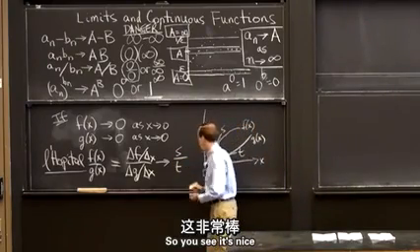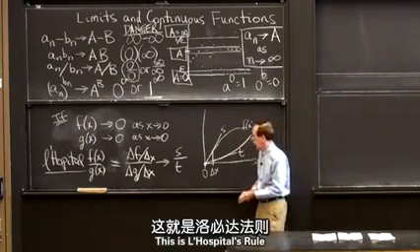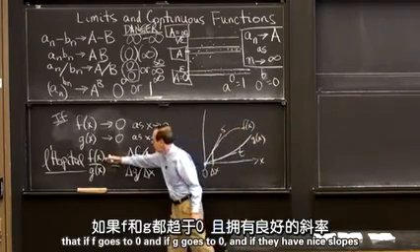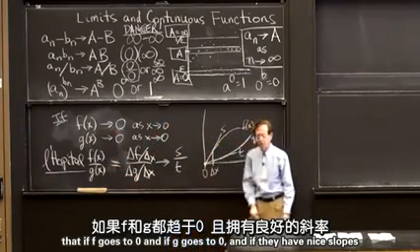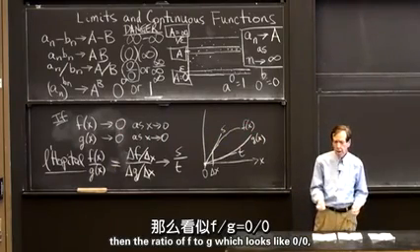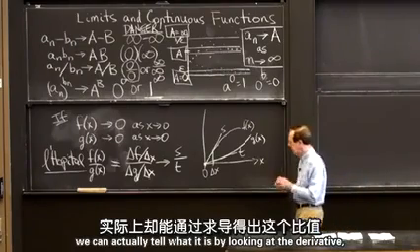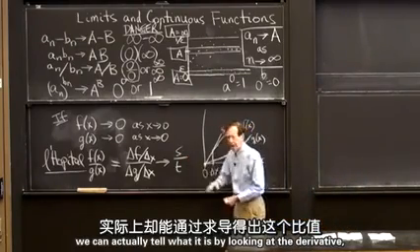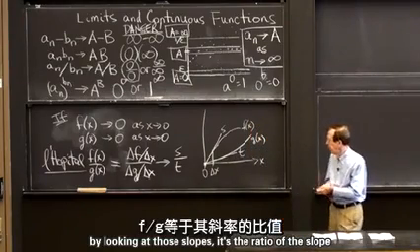So you see this is L'Hopital's rule, that if f goes to 0, and if g goes to 0, and if they have nice slopes, then the ratio of f to g, which looks like 0 over 0, we can actually tell what it is by looking at the derivative, by looking at those slopes. It's the ratio of the slopes.